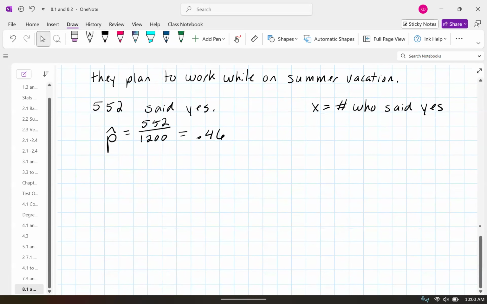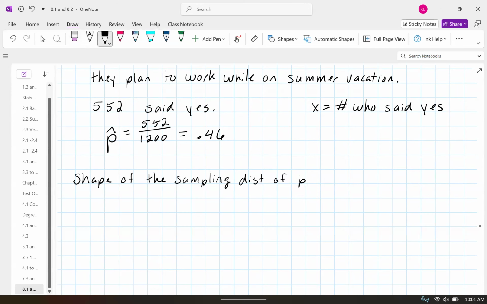We're going to find the shape of the sampling distribution of p hat. I never write this word out.